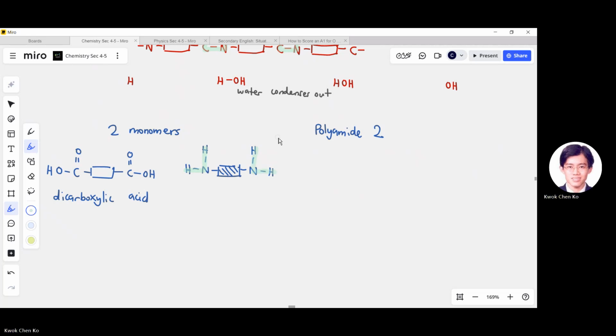Okay. There are 2 amino groups. So we call this molecule diamine. You will occasionally see this word.